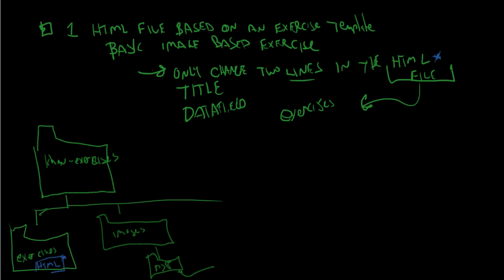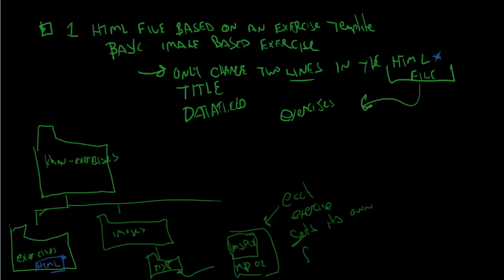And under that, you're going to have another directory for each one: MJP01, MJP02, etc. So each exercise gets its own folder. Each developer, if you call yourselves that, gets its own drawer, if you would.